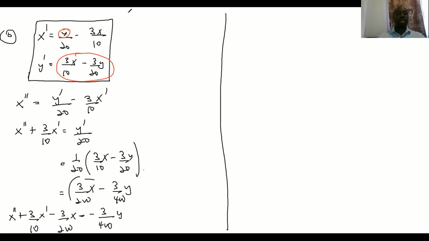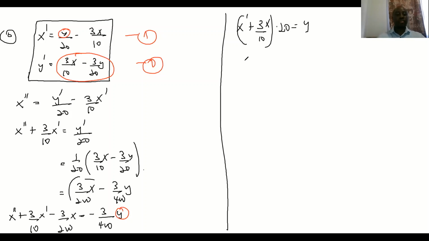Okay, so now we need to replace y. And where do we have y? Going back to equation 1, notice that x prime plus 3 over 10 x times 20 is precisely y.